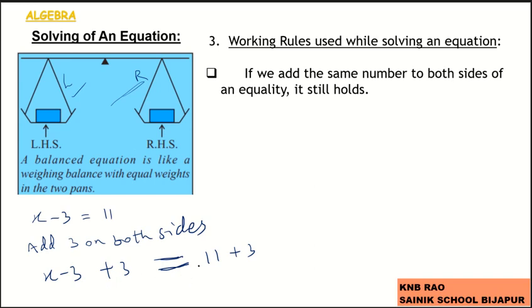11 plus 3 is 14, and in x minus 3 plus 3, adding and subtracting 3 gets cancelled. So, x equals 14, it is the solution. This is how we directly solve the equation using this first working rule.